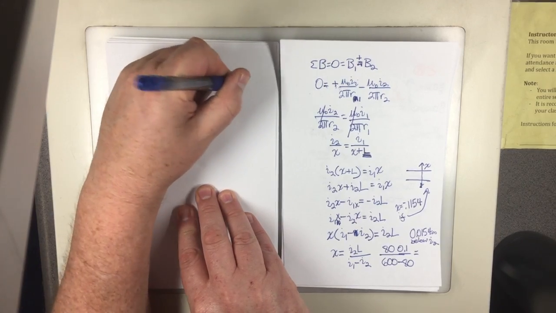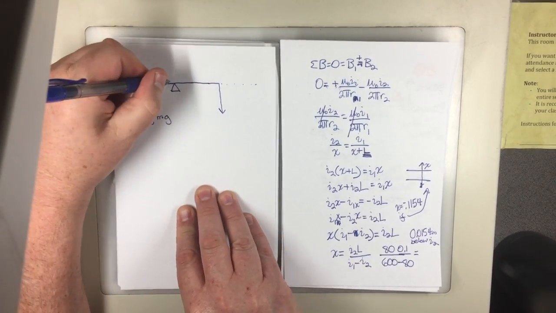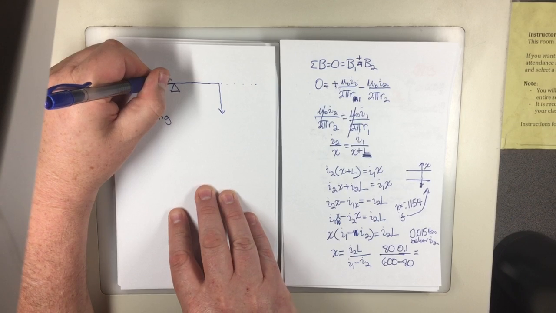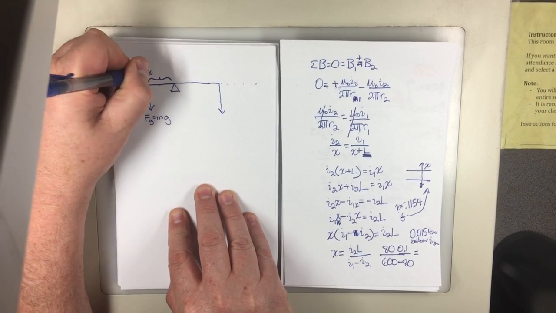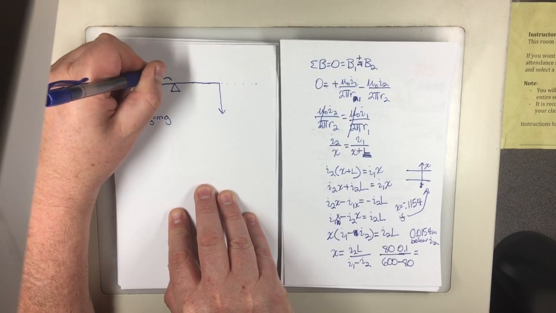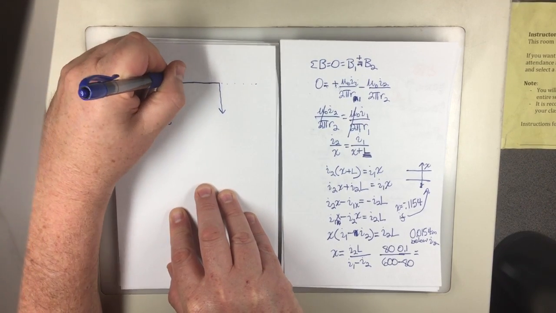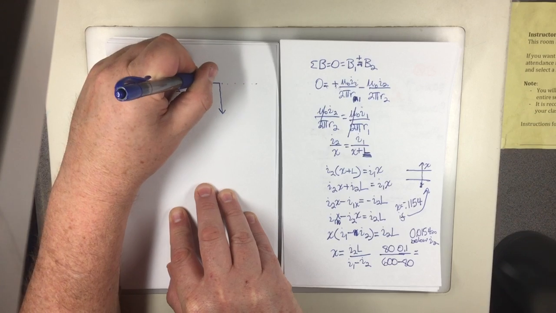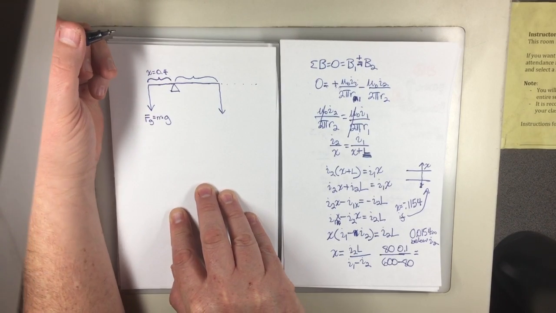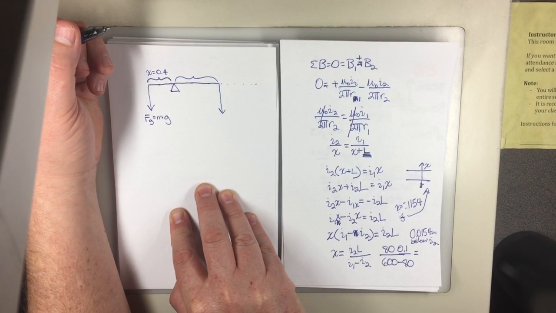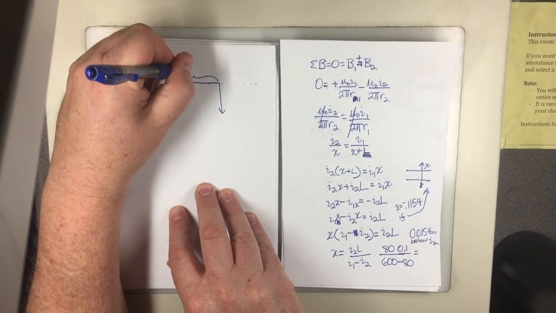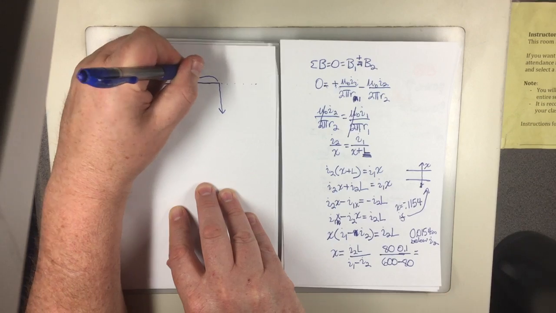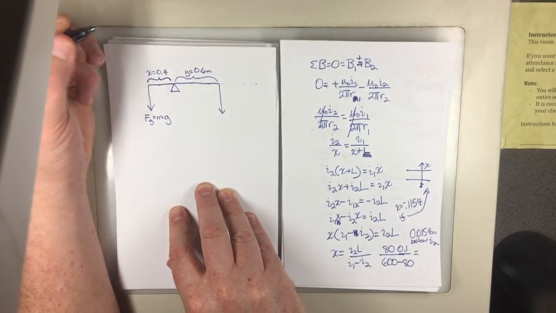The bar continues on, but in terms of the fulcrums, or I'm sorry, the lever arms, that distance is X. This distance, we'll call it Y. Why not? 0.6 meters.